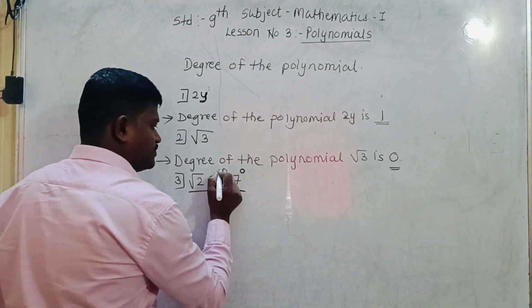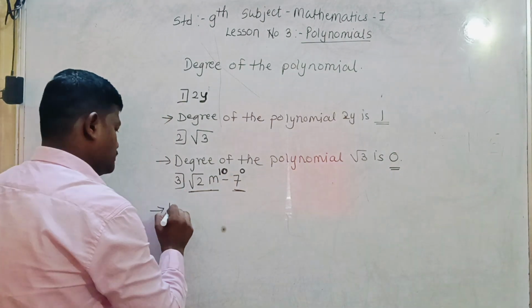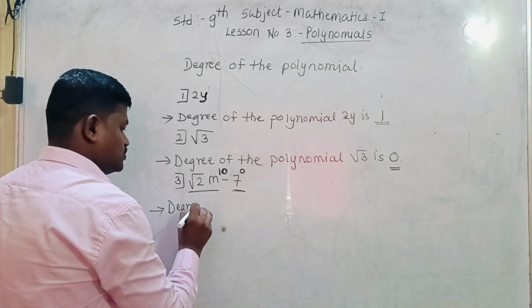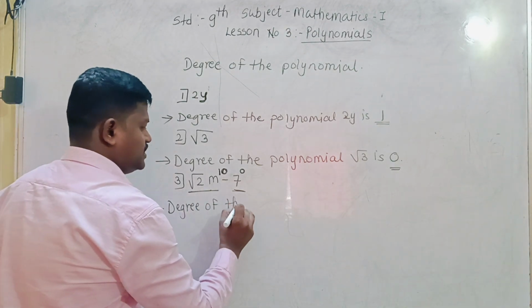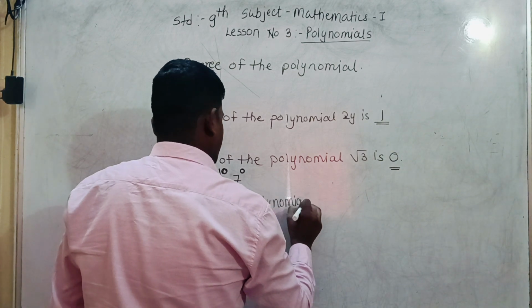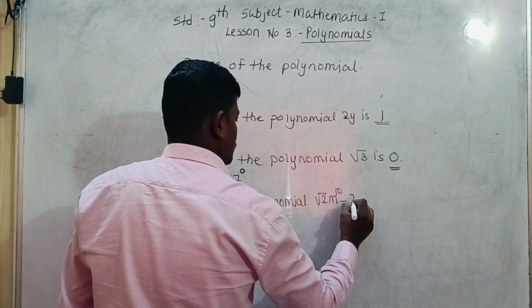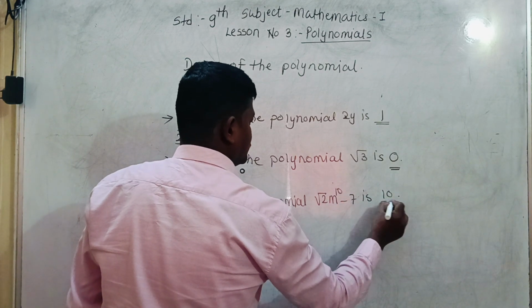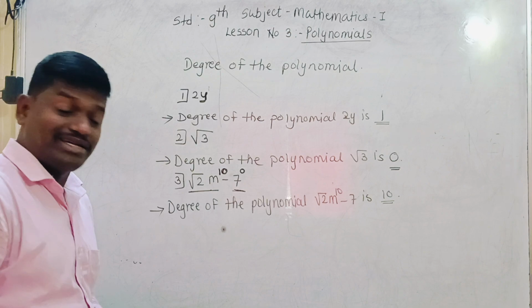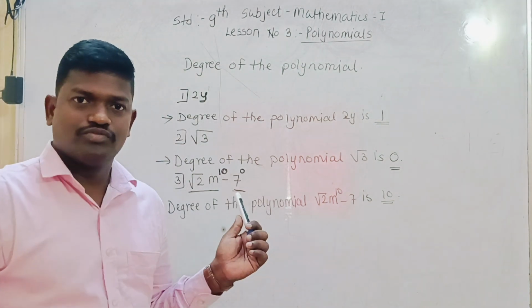For this we have power 10. So this is the highest degree. So the degree of the polynomial is 10. How much? 10. Understood? So write down.